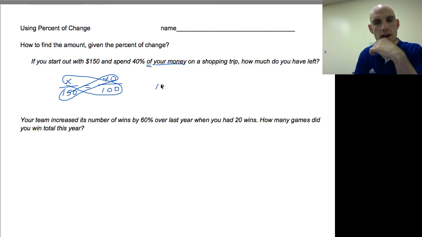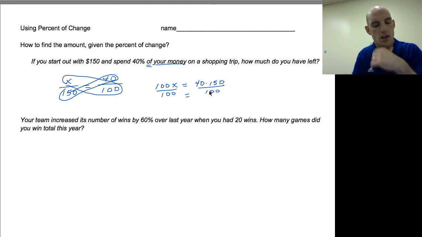I'm going to end up with 100x is equal to 40 times 150, and I'll divide by 100. And so I'll punch that into my calculator. 40 times 150, and divide by 100, x is equal to $60.